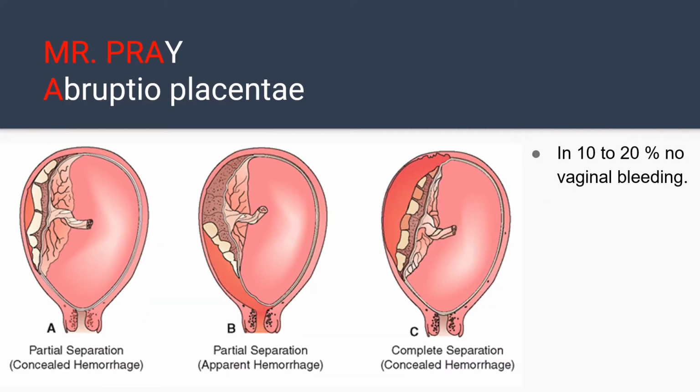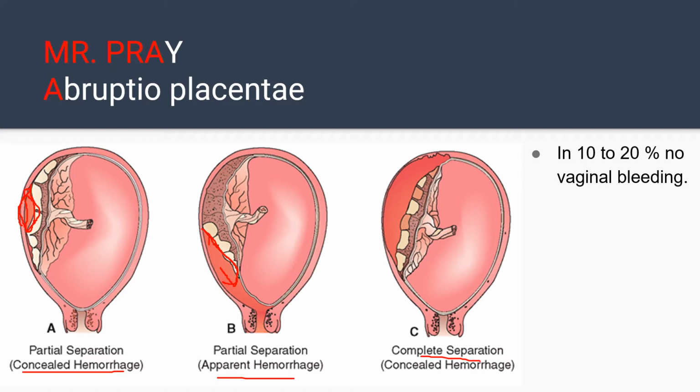So the abruptio placenta can occur as a concealed hemorrhage, that is a hemorrhage between the uterine wall and the placenta, but it's not going out. A partial separation with apparent hemorrhage, that is a detachment where the bleeding is going out, is the most common.